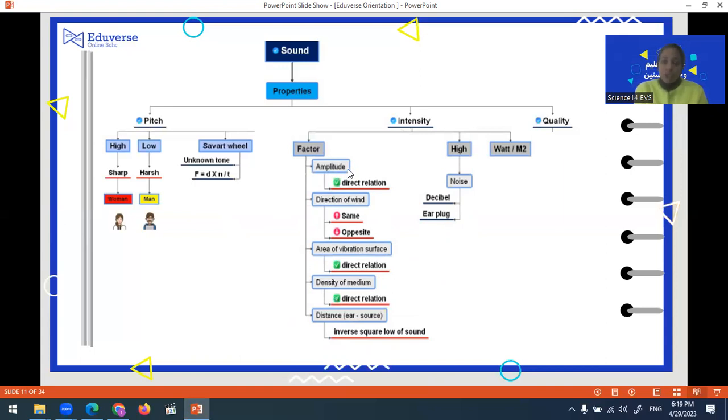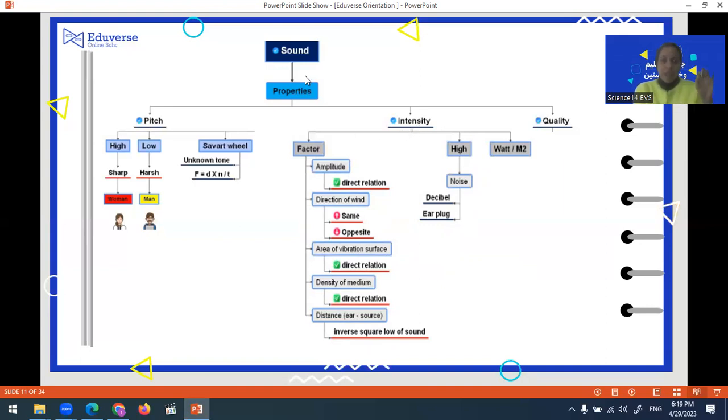The amplitude and the intensity have a direct relationship between each other, but it's not only the amplitude, it's the square of the amplitude. So as we have a high amplitude, we also have a strong intensity, and if we have a low amplitude, we have a low or weak sound intensity.